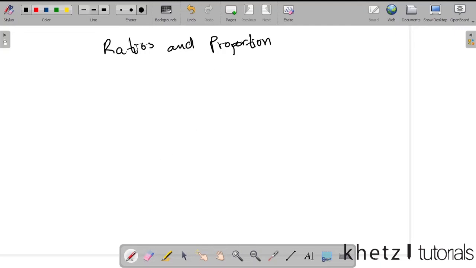You can just say AP is proportional to PB. And this is just to explain the second term which we have in our topic, which is proportion.